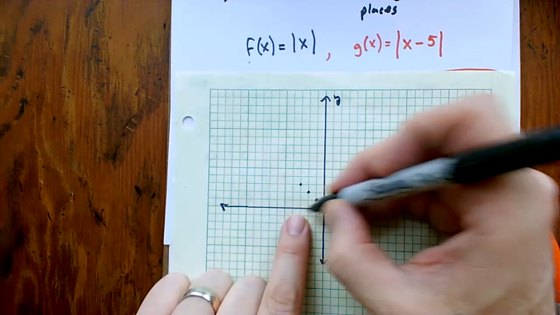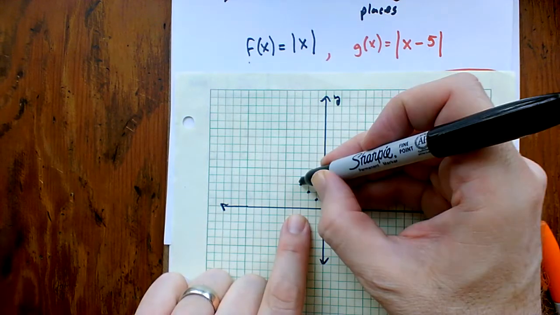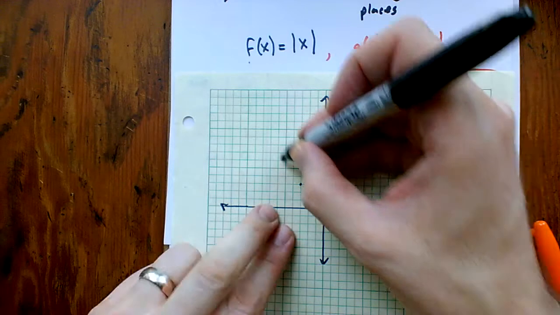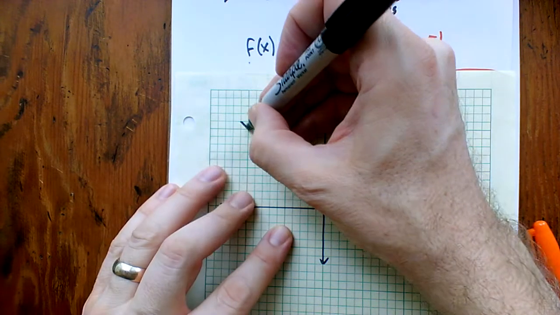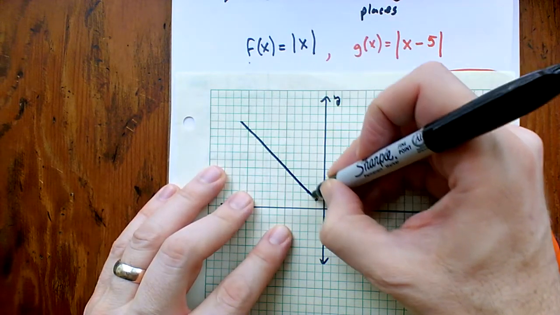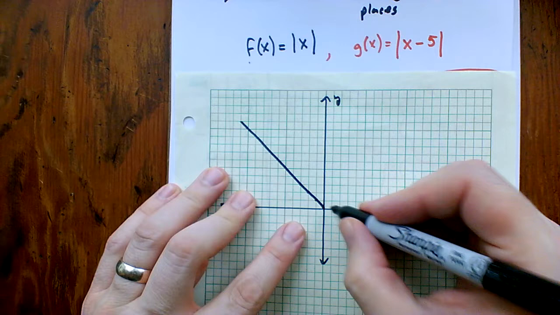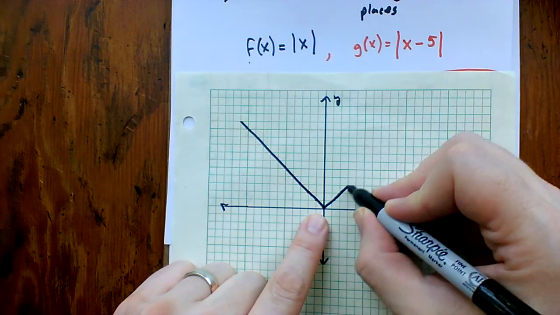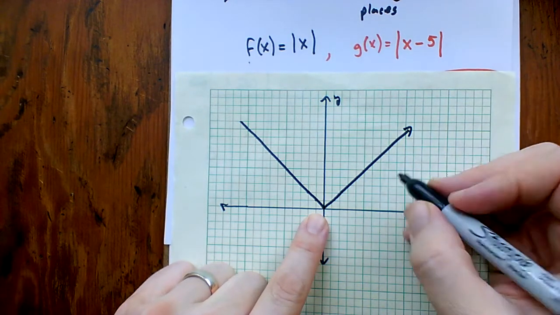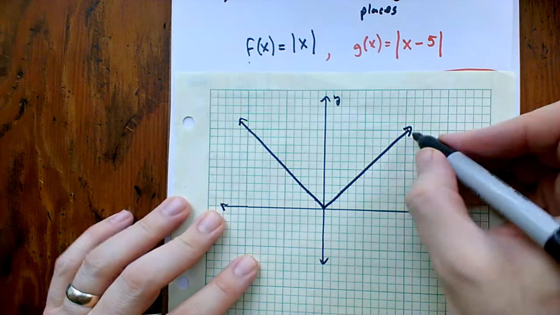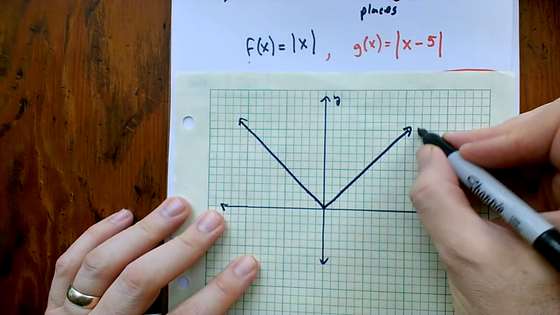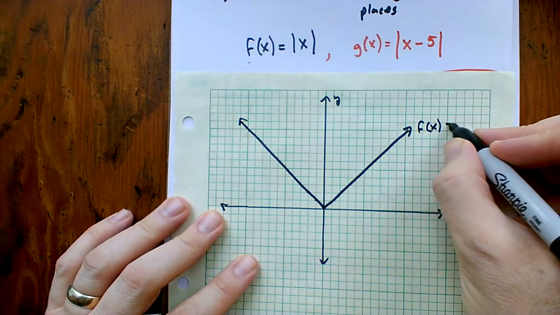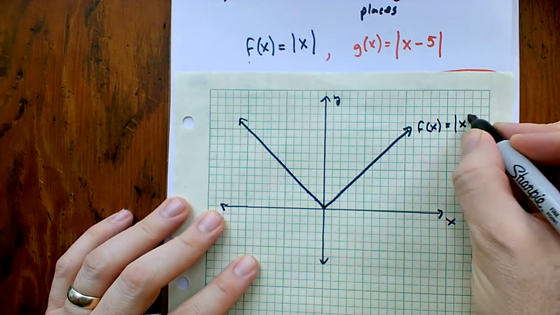I'm taking the absolute value of whatever my x is, so like -3 would be 3, -2 would be 2. So we've got a graph that does something like this, up until a point it hits 0, and then it starts acting like a line with a positive slope. So this right here is my absolute value of x. Here's my f of x, equal to the absolute value of x.